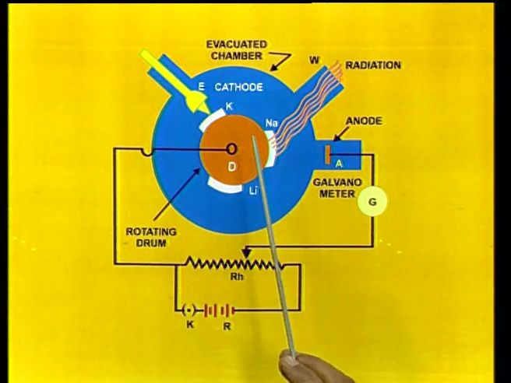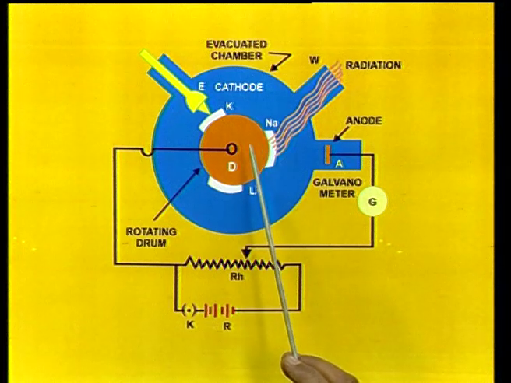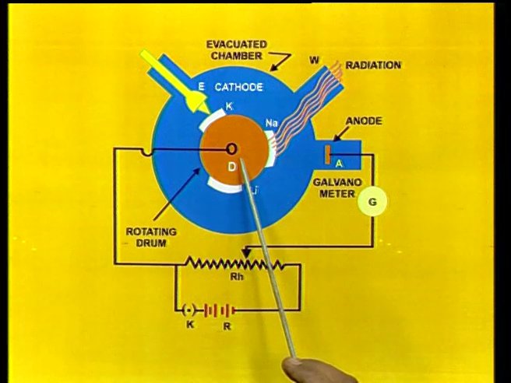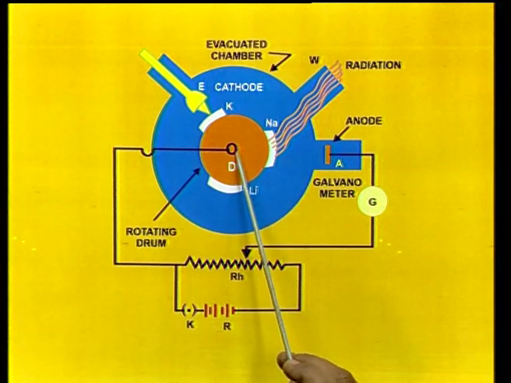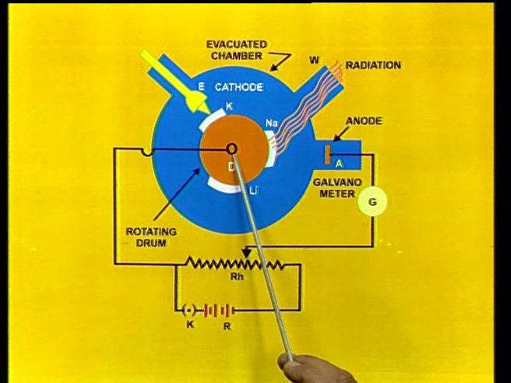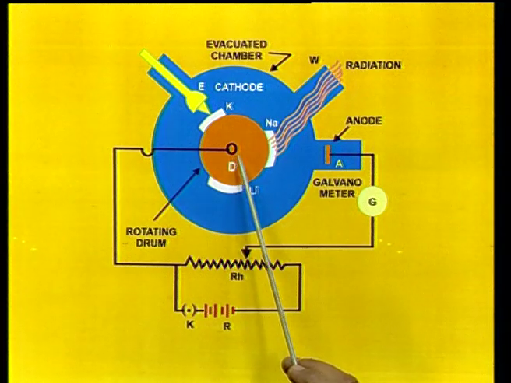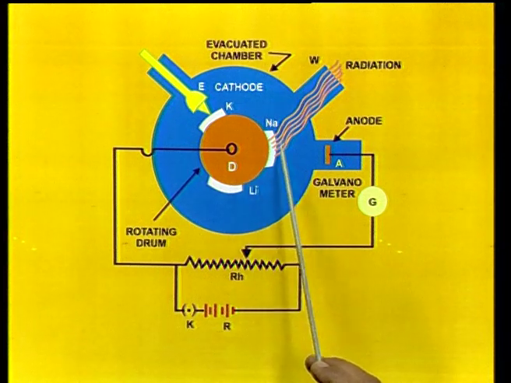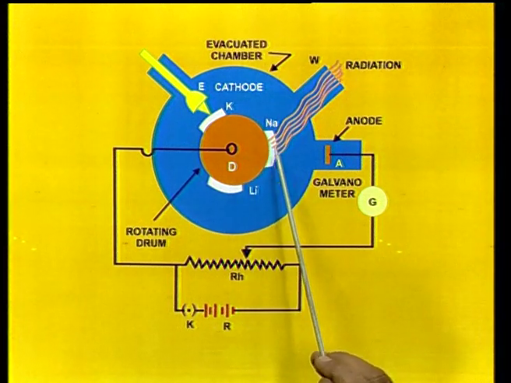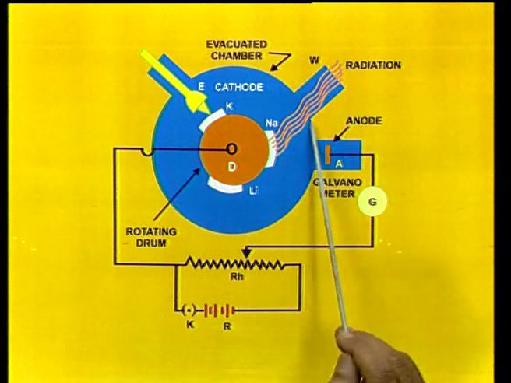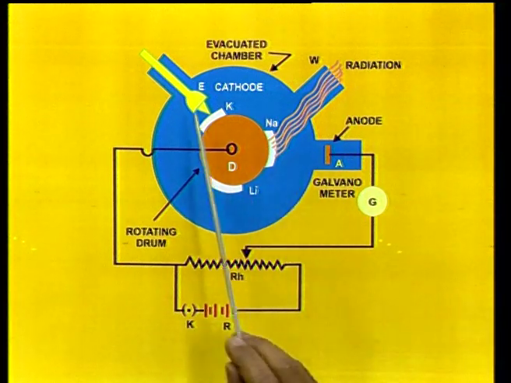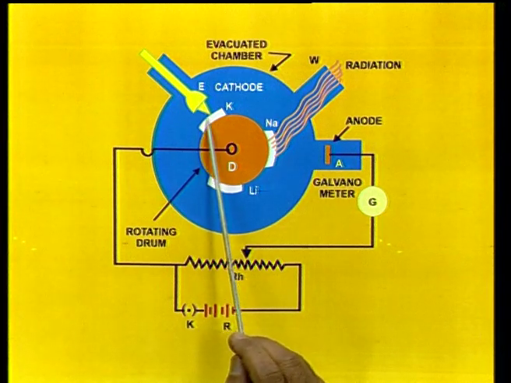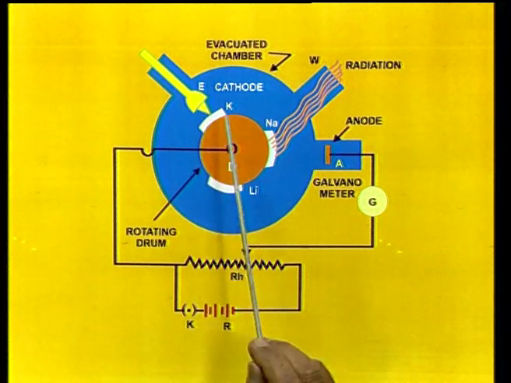Without taking any of these things out of the vacuum chamber, Millikan made an arrangement so that this drum can be rotated from outside using an electromagnet. So this drum rotates and brings a suitable photometal in the direction of the radiation falling on it, and this sharp arrangement is to clean the surface of the photometal.